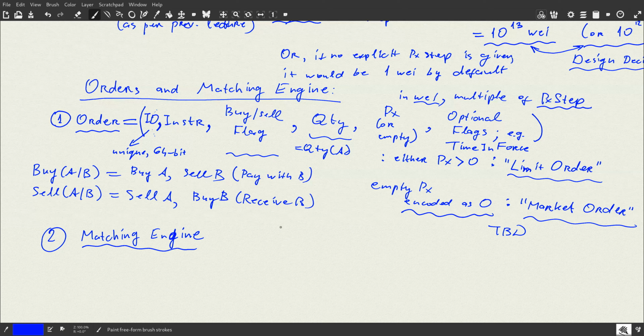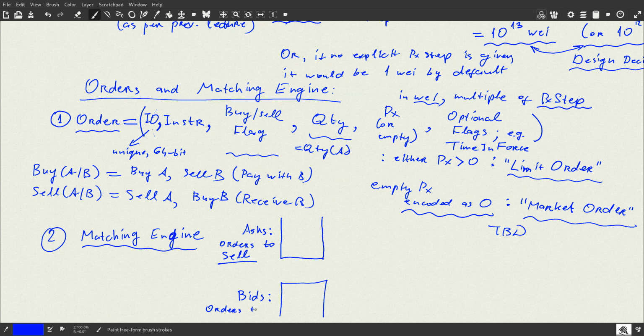So what is the matching engine? The matching engine has two sides. One side is called asks, and the other side is called bids. At the ask side, we have orders to sell. At the bid side, we have orders to buy.